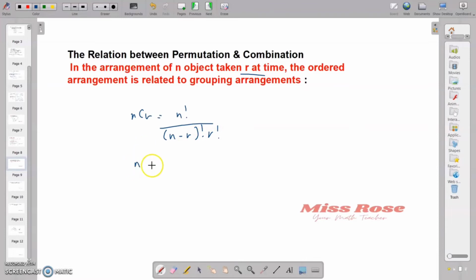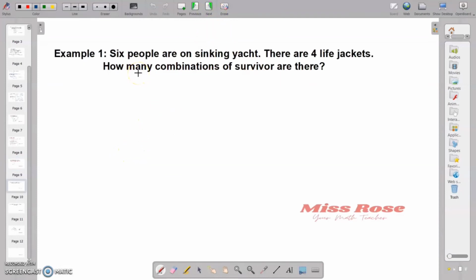Otherwise, the other formula is nCr equals nPr over r factorial. So that is the relation between permutation and combination. Next, let's go to examples.